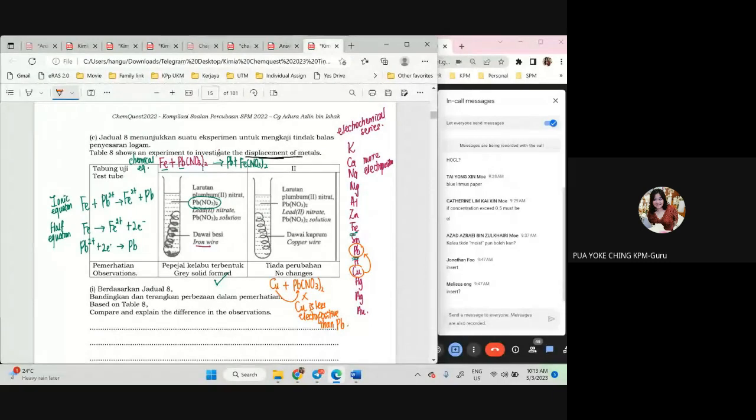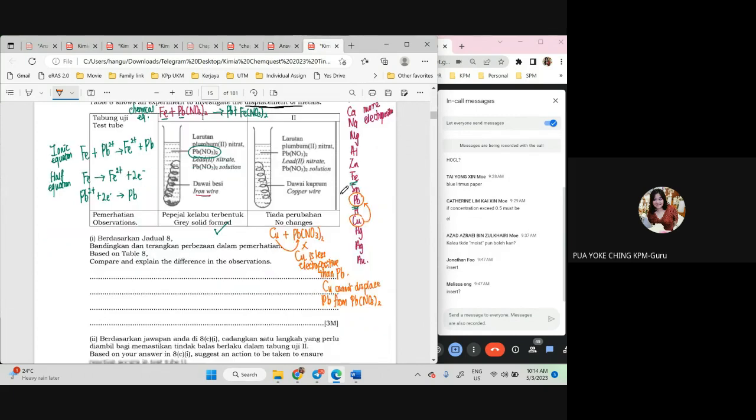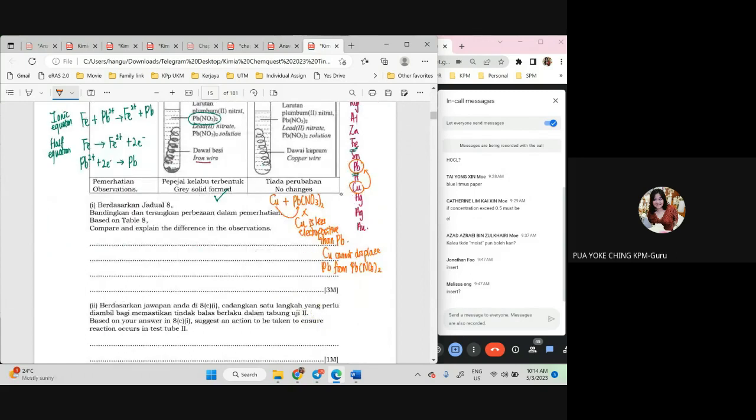Okay, Cu is less electropositive than Pb, so Cu cannot displace Pb from Pb(NO3)2 solution. So, bila dia di bawah, then dia tak boleh. Okay, so I dah terangkan actually jawapan dia.